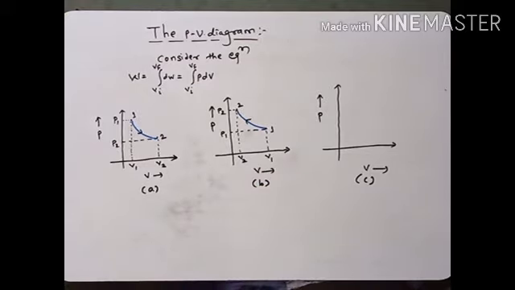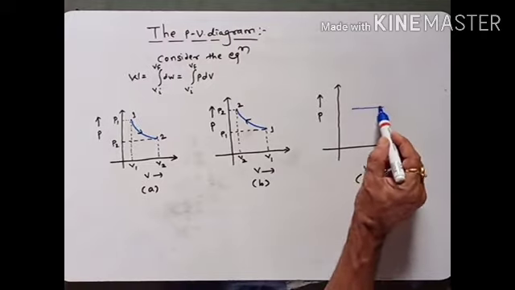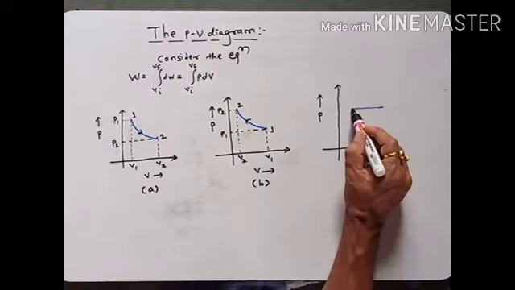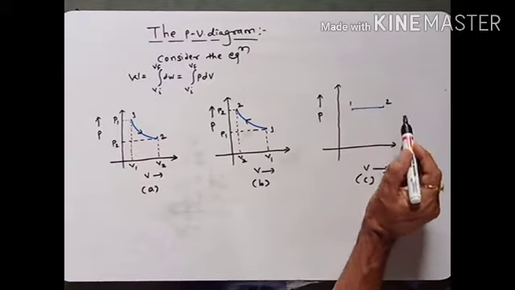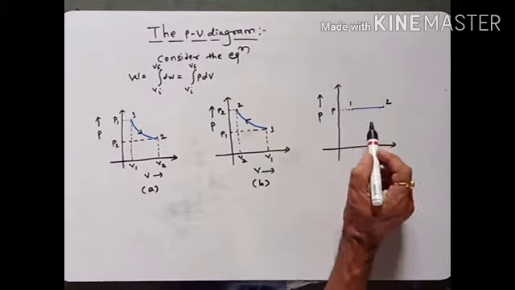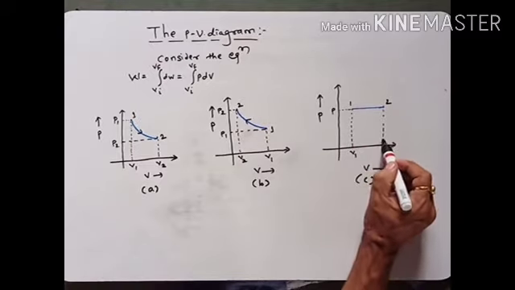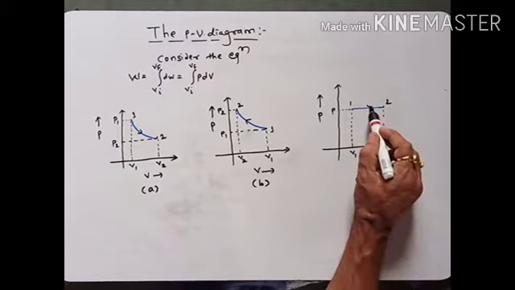And we consider another type, suppose 1 to 2. Here P is the pressure, and V1 and V2 are the volumes, from 1 to 2.